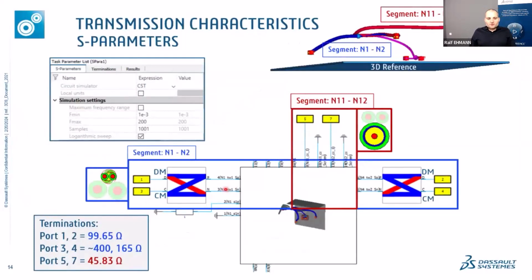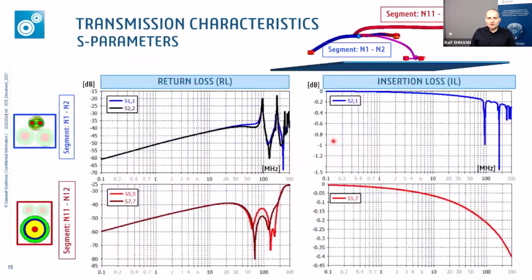For the S parameters, of course, we can use directly the calculated impedances. We can feed them to our model and terminate them, to not have any strange surprises. And of course, everybody knows the basic S parameters, so return loss and insertion loss for the twisted pair, which you can see on the top, or the coaxial cable, which is on the bottom.